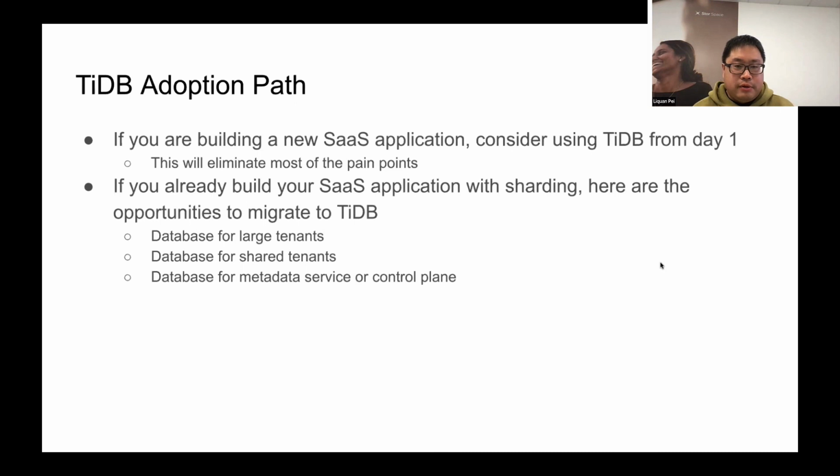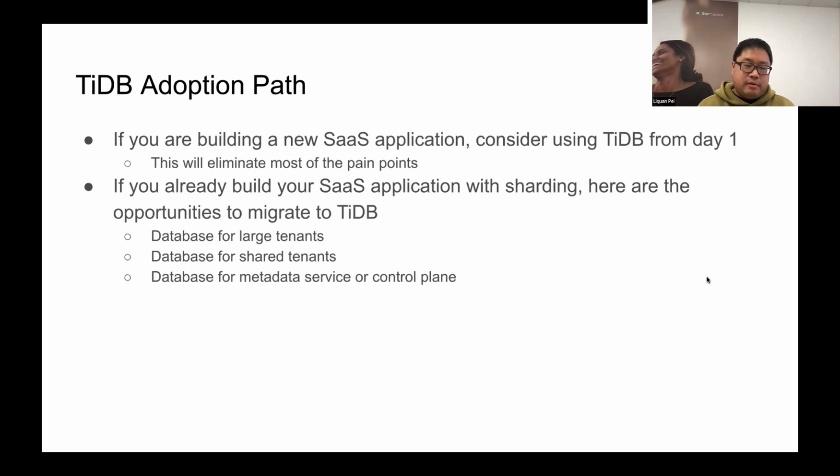If you have already built such an application with sharding or NoSQL, there are a few opportunities for you to migrate to TiDB to reduce your pain points and further support your business growth. For example, you can start with the database for large tenants, and those are typically good candidates. TiDB is also a good fit for shared tenants, because there can be a lot of users there.